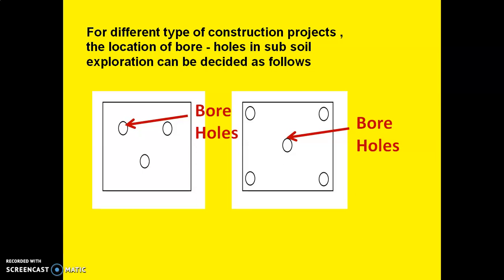For a small building, at least 3 borings should be done. Care to be taken that boreholes should not be closely spaced and in one line. For a large building, at least 5 borings should be done, one at each corner and one at the middle.